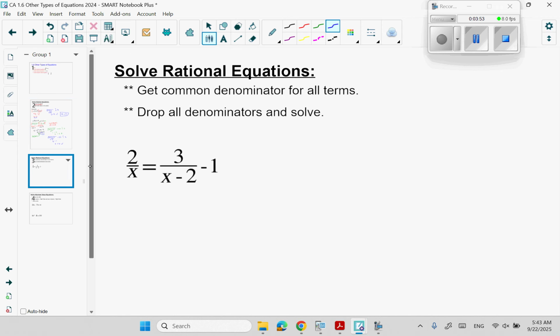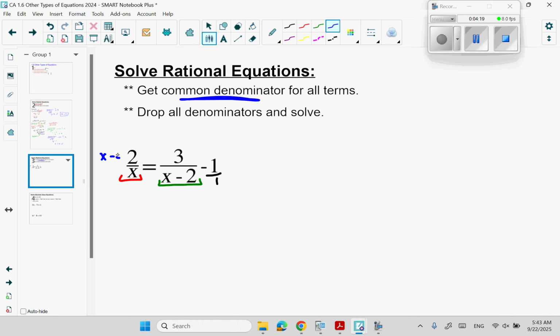Okay. Back to rationals. Big thing, common denominator, so I can get rid of everything else. And remember, when I talk about common denominators, I'm talking about factors, aka things that multiply. So first we can put this 1 over 1, and I can recognize that this first fraction has an x, but it doesn't have the factor x minus 2.